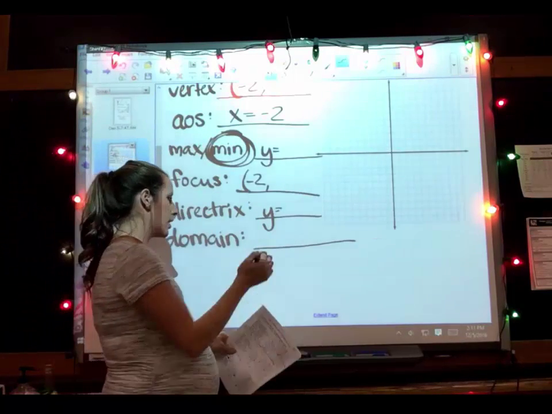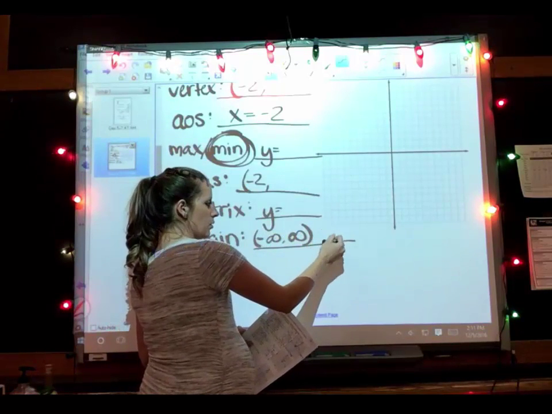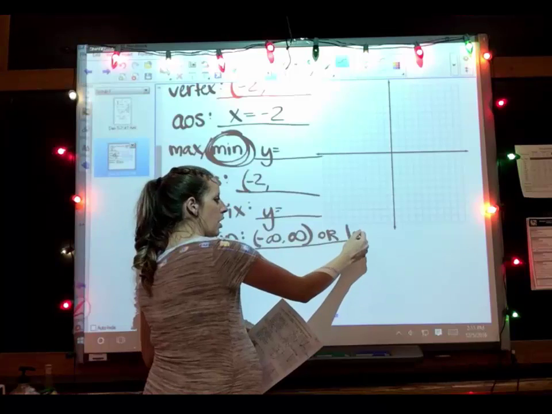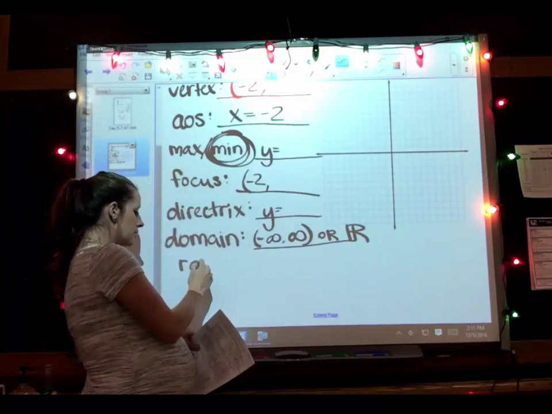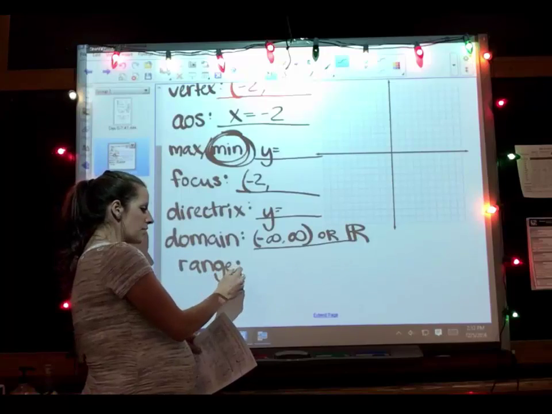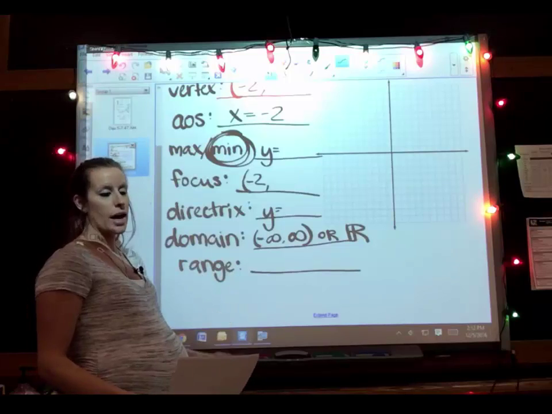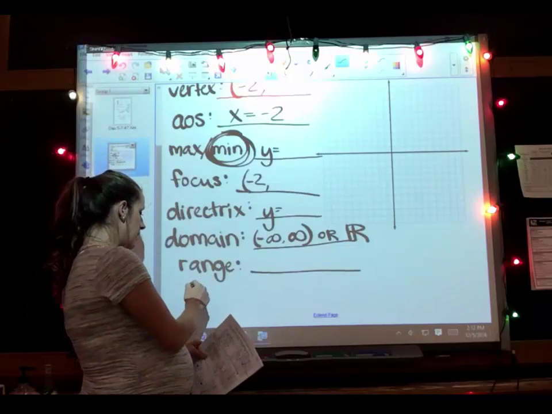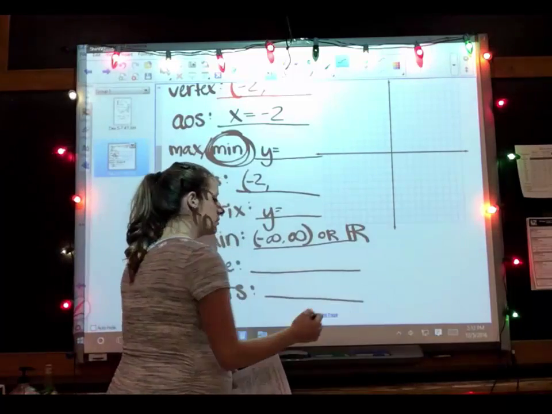It will always be negative infinity to positive infinity, or you can put all real numbers. Range, we don't know the range until we figure out the y value of our vertex, our minimum value. For roots, we're going to have to see the graph to figure out what our roots are.